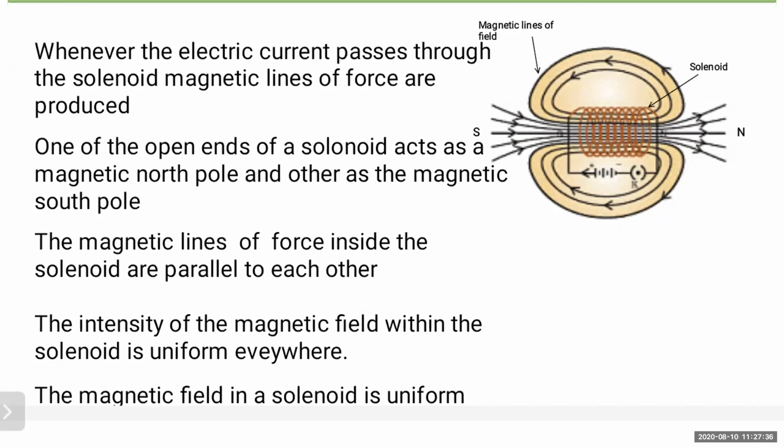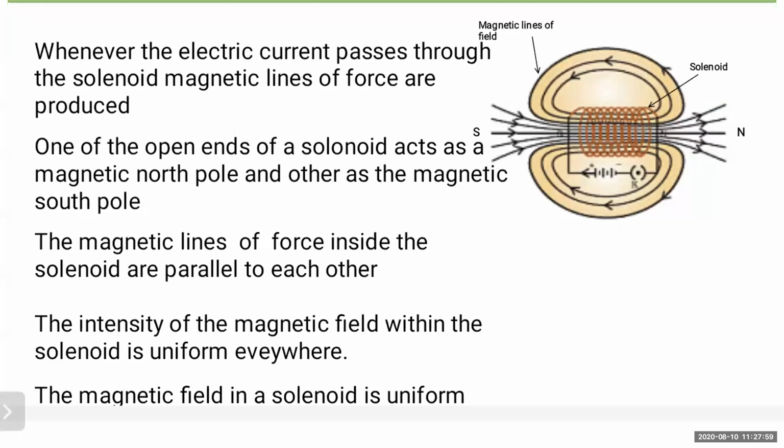So in this lecture, we have summarized the magnetic effect of electric current. When the current carrying conductor is straight, the magnetic lines are in the form of concentric circles.